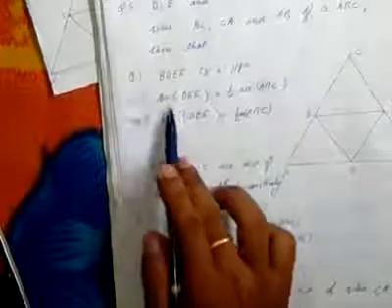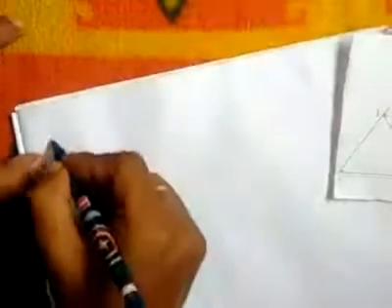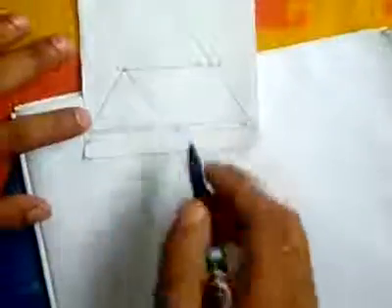So our next part is number 2, area of DEF is equal to 1/4 of area of ABC. That means DEF is equal to 1/4 of triangle ABC. We have to prove this one. Again we'll write, as BDEF is a parallelogram, isn't it?